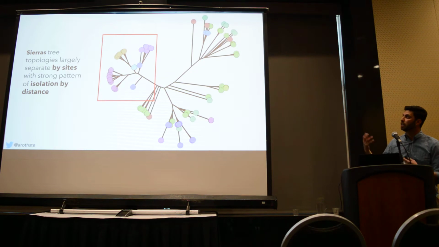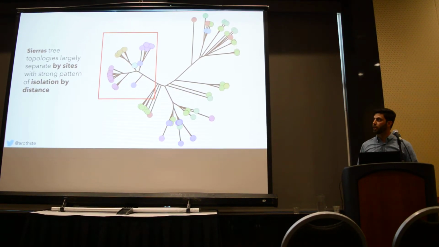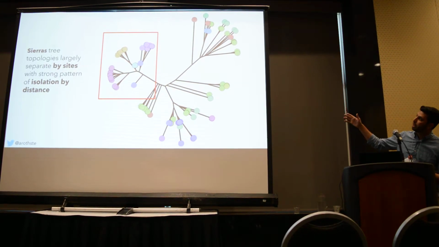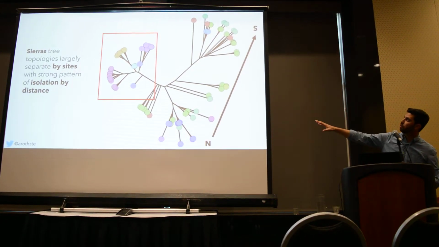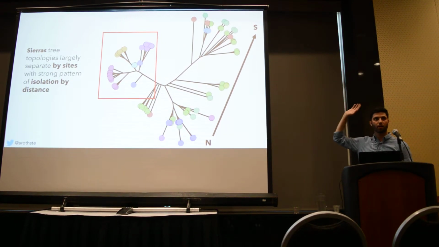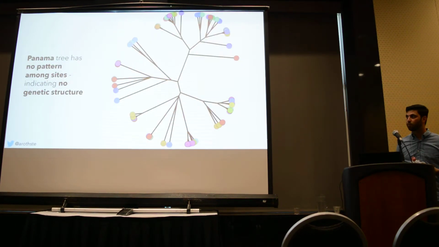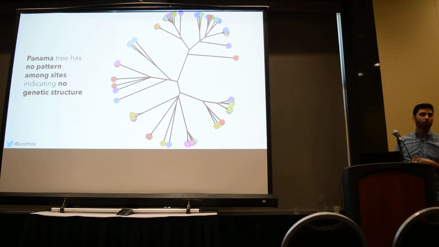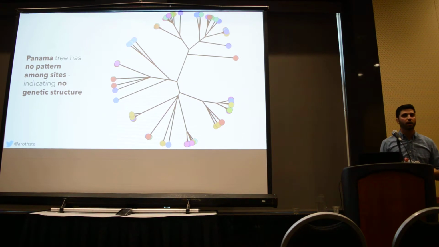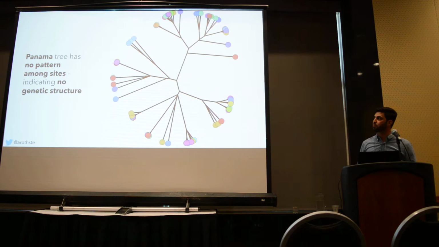So for example, these are different localities highly clustered on this tree, and then on the other side of the tree we have a lot of the northern localities sort of spreading across in an isolation by distance pattern to the south. And then if you contrast that with the Panama unrooted tree, we have colors all over the map. It's a panmixia. We don't really have any genetic structure going on here.